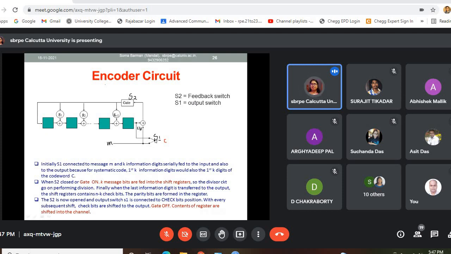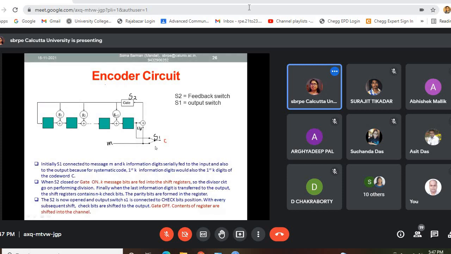Switch S1 can be connected either to M or to CH. CH is the check bit, written over here. I am moving the cursor on the CH portion. This is the check bit, and M is the message bit.